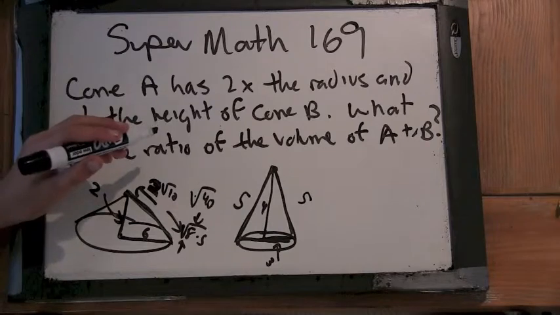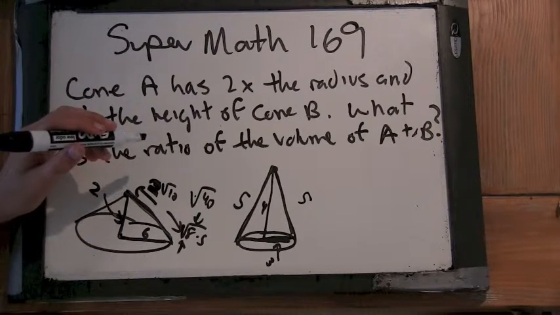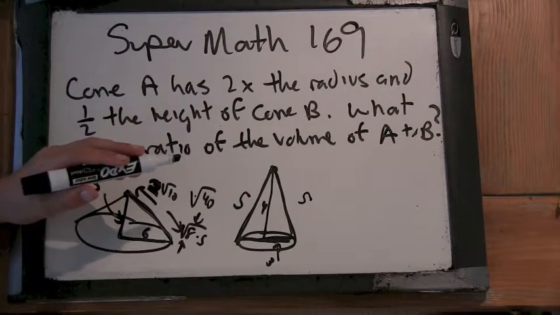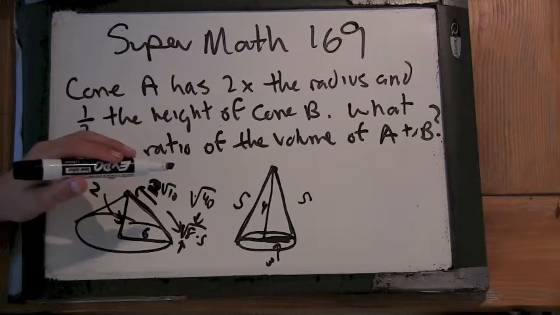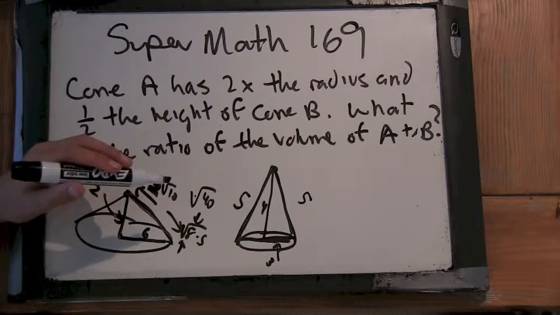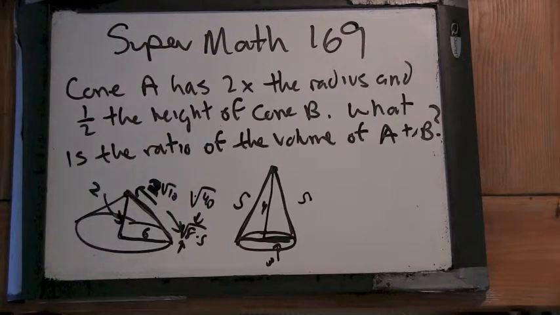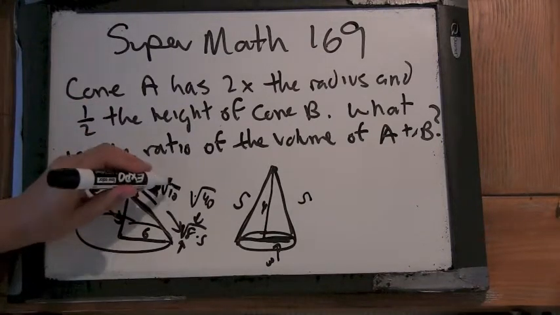Okay. Now, root 10 is in between what 2 numbers? It's in between 3 and 4. So 2 root 10 is bigger than what? 2 root 10 is bigger than 6, since root 10 is bigger than 3.